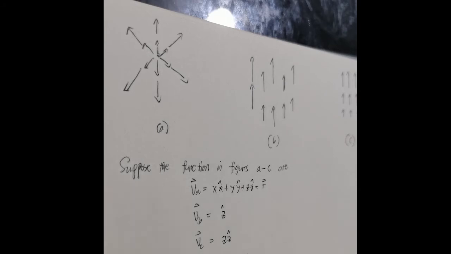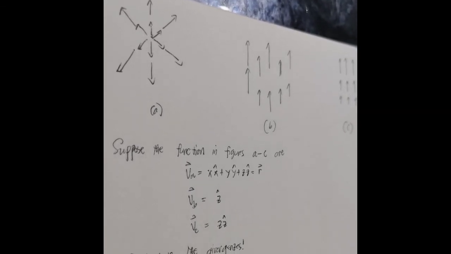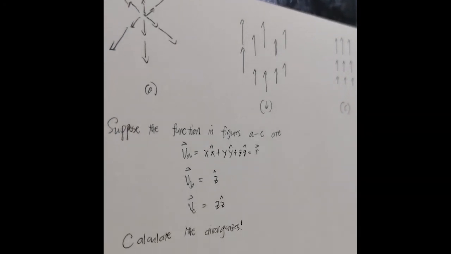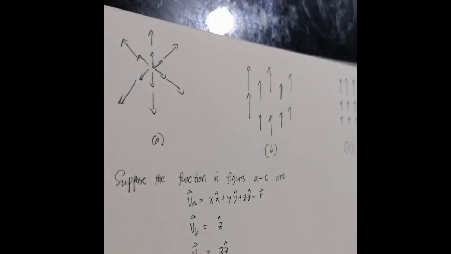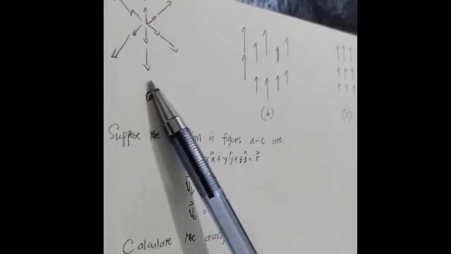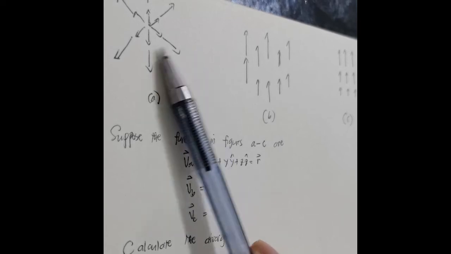Okay, so let's take a look at this example in calculating the divergence of any vector entity. Let's say we have three vectors here: figure A, figure B, and figure C. This is the one that I showed you a while ago.